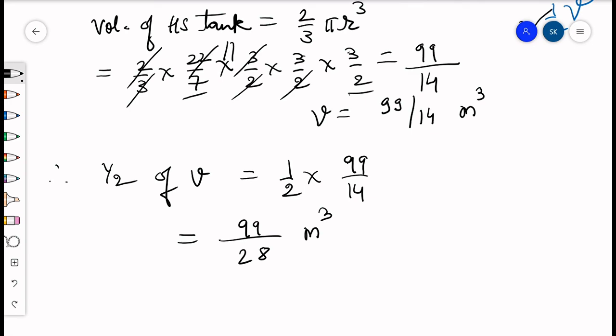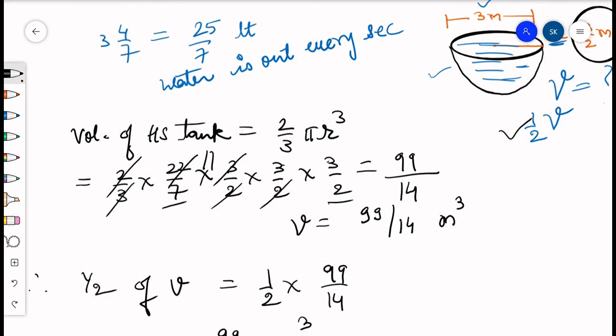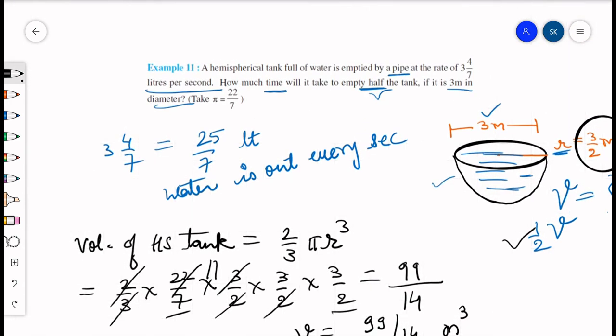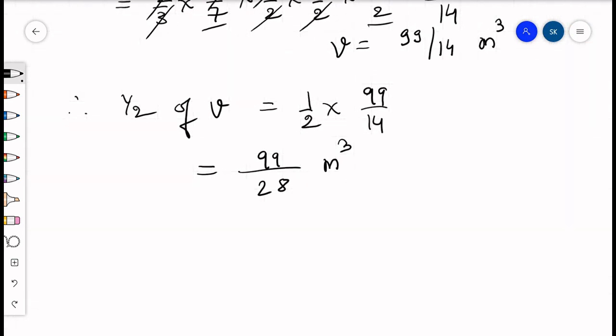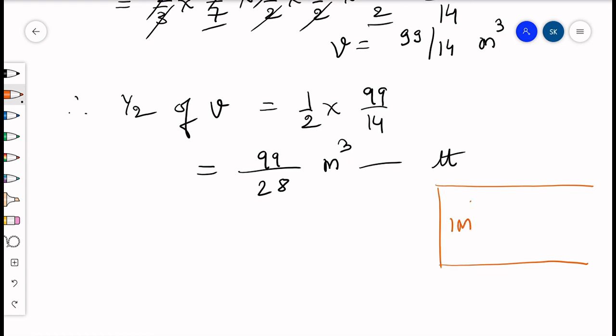Now it is given as 25 by 7 liter per second. So we need to convert this volume in liter. Here you need to write down also there itself beside the question in your textbook, that very important, 1 meter cube is equal to 1000 liter.